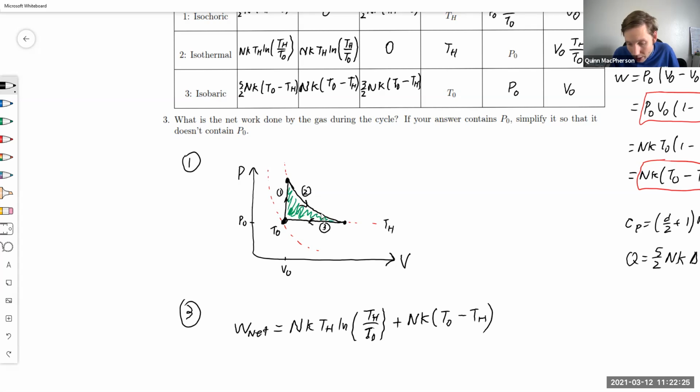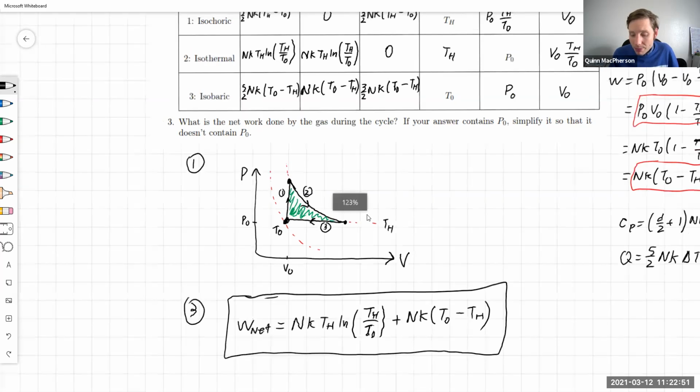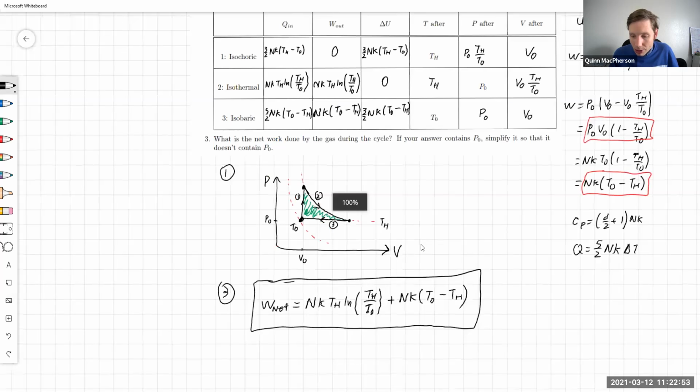That's the full area under here. So if you subtract those, this minus this, but it's already negative, you would get the green area. So that is the net work, which, interestingly enough, will also be the net heat because the internal energy came back to where it started. Okay, and that's how you solve this thermodynamic process.